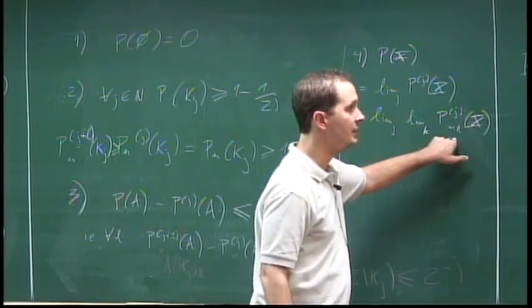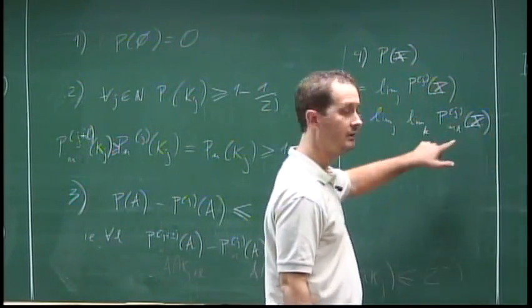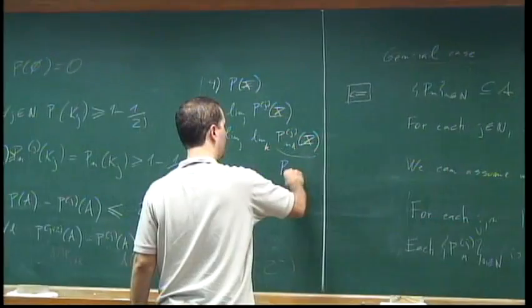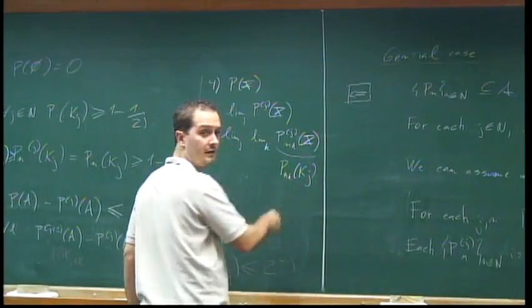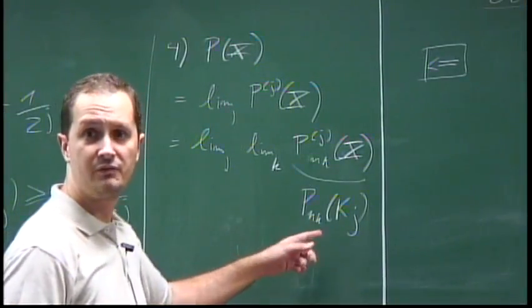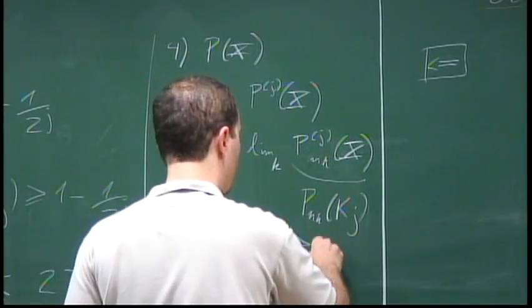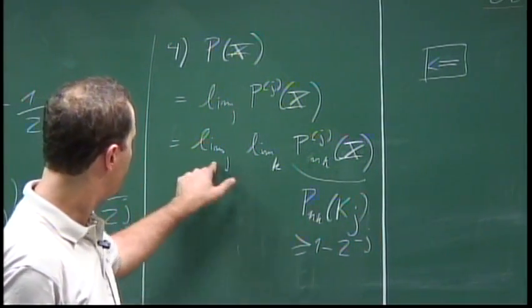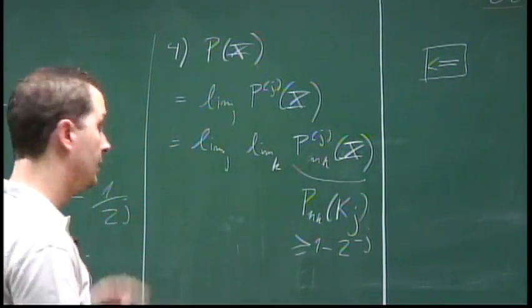This is just a definition. We found the convergent subsequence. And this thing here is just P sub nk of Kj, again by the definition. So this is larger than 1 minus 2 to the minus j. So when you take the limit in j, you see that this is 1.